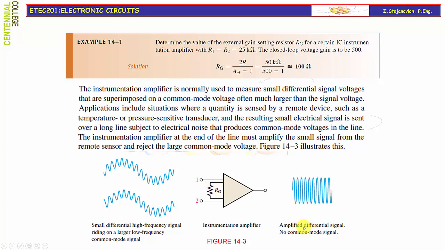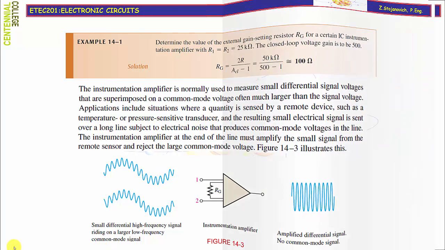And as you can see, the output will give us the amplified differential signal, but there will be no common mode signal. So from this complex and blurry signal, where the useful signal is actually very, very small, we are getting only the useful signal at the output.